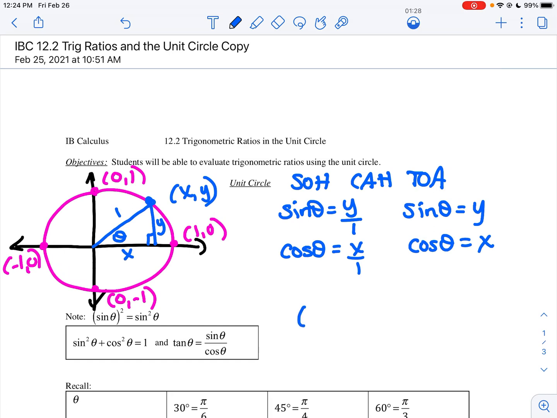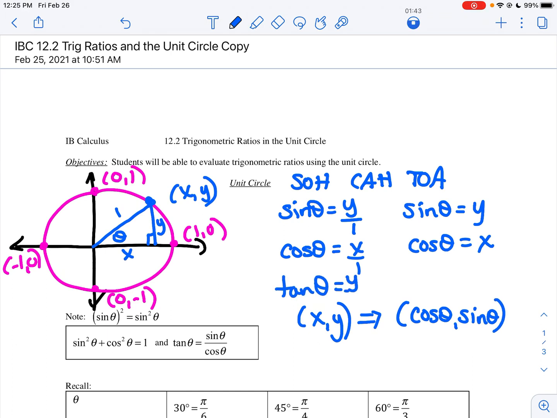So here's kind of the big idea. Every x comma y along the unit circle goes cosine theta comma sine theta. And then let's look at tangent theta is y over x, or that's sine theta over cosine theta.